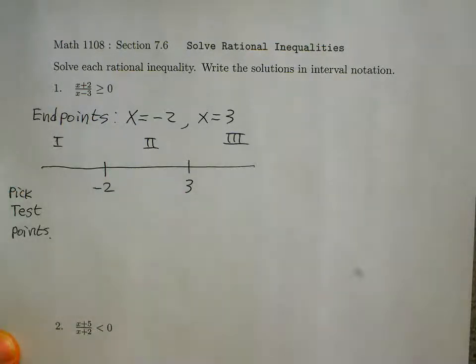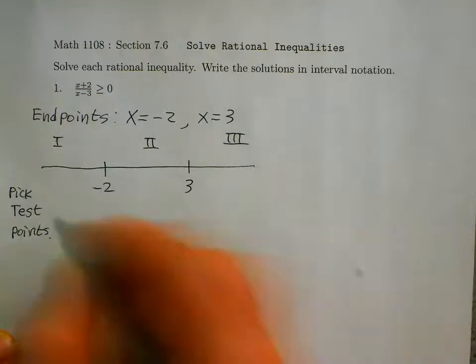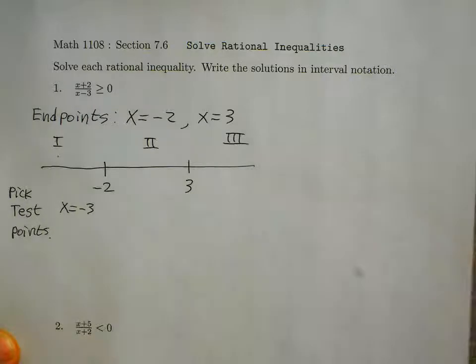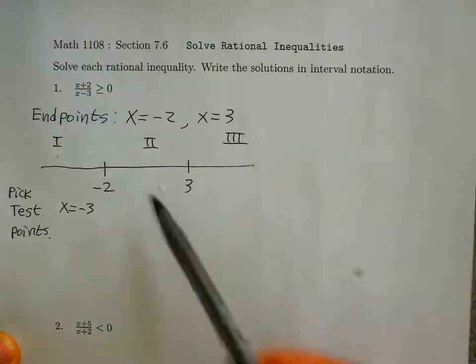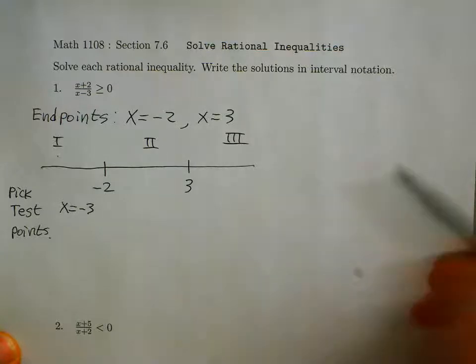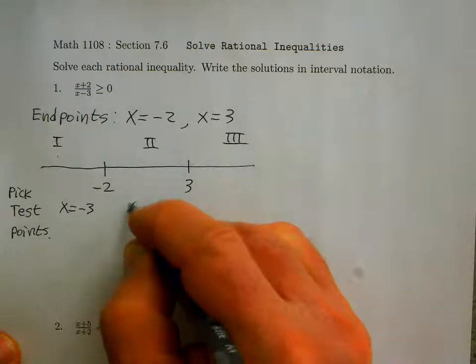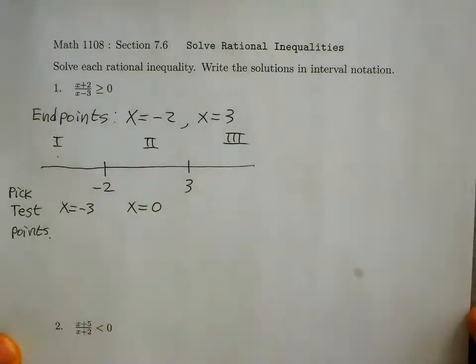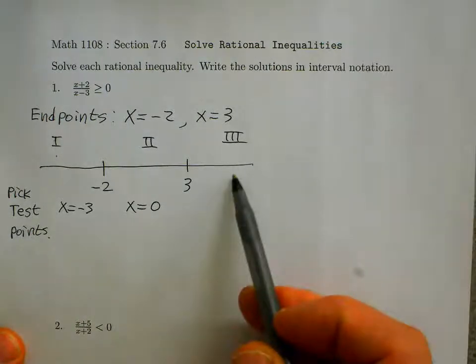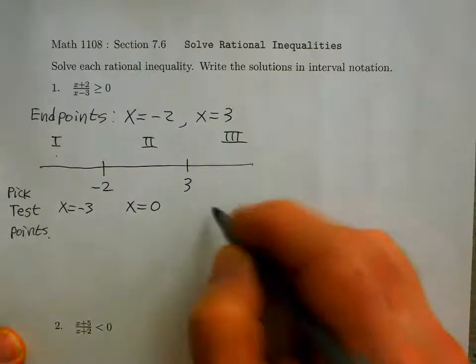We just want to pick one. So from the first interval, I'll pick x to be negative 3. In the second interval, between negative 2 and 3, usually picking 0 is a handy choice. And then in the third interval, I'll pick x to be 4.